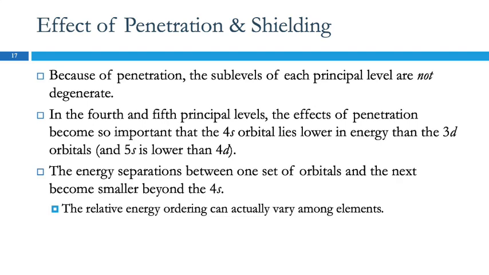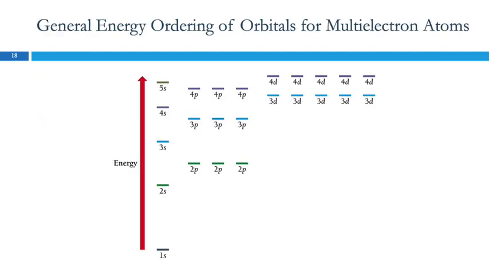And so when we get to the 4s orbital, it's actually lower in energy than the 3d orbital, even though it has a higher principal energy level. And those energy separations get closer and closer together. The relative energy ordering can vary among the elements, but we're going to learn the most common one, and we're not going to worry about the variations.